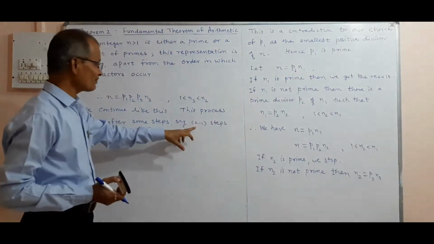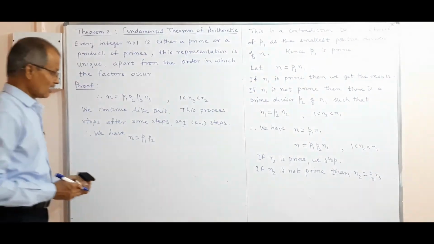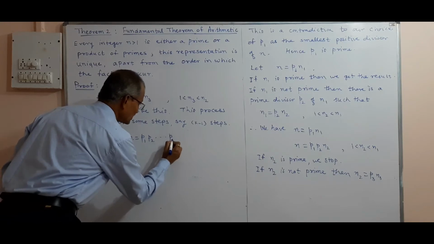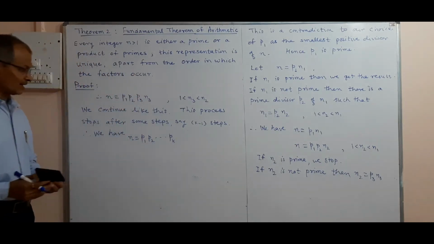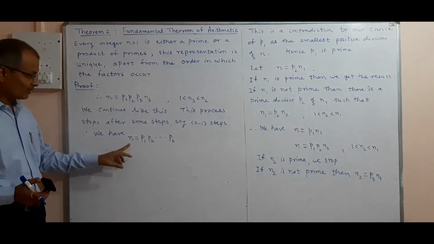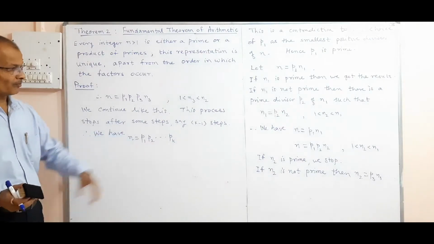Therefore, in k minus 1 steps there will be exactly k factors, and thus this will be P1 P2 and so on, the last is Pk, and this is the prime representation of N in terms of P1, P2, up to Pk.